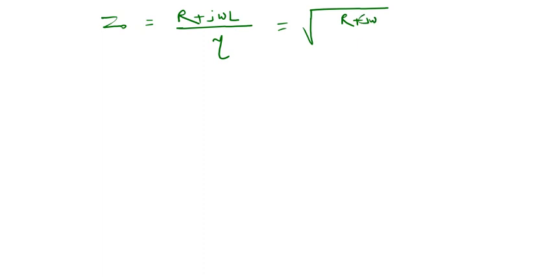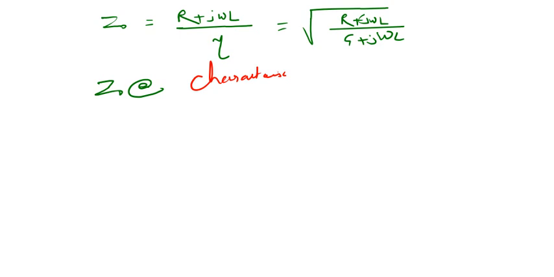Now what is Z naught? Z naught is (R plus j omega L) divided by gamma, and that is equal to the square root of (R plus j omega L) divided by (G plus j omega C). So what is that quantity Z naught? Z naught is called the characteristic impedance, a very important quantity in transmission line.